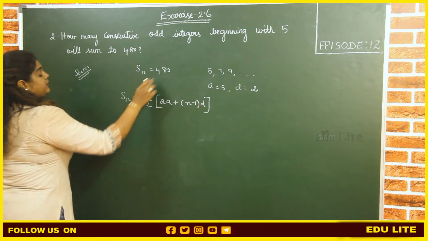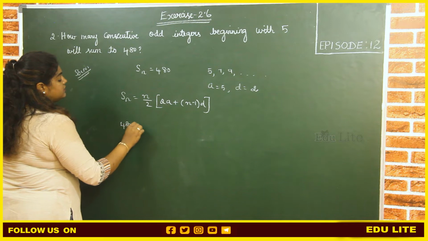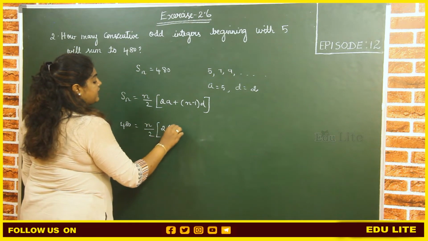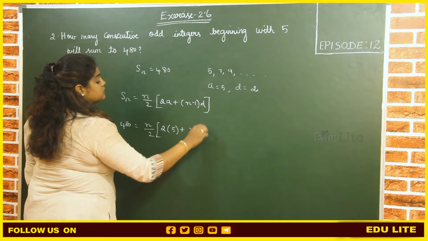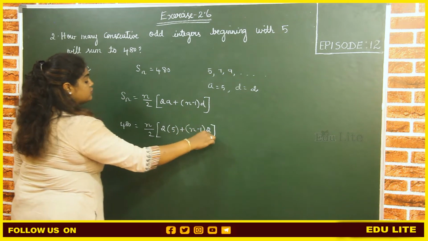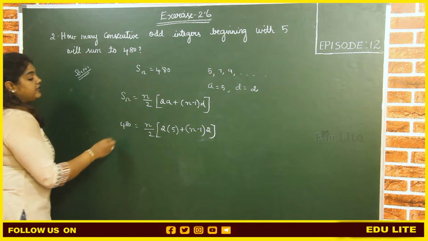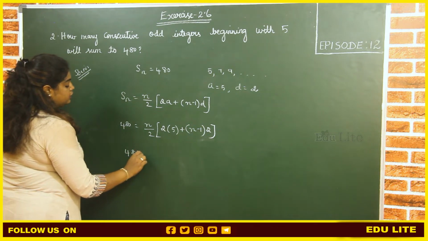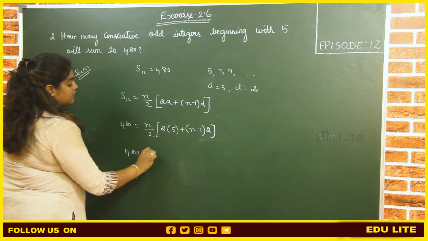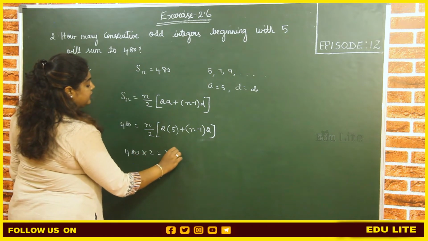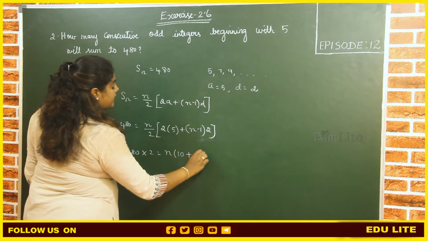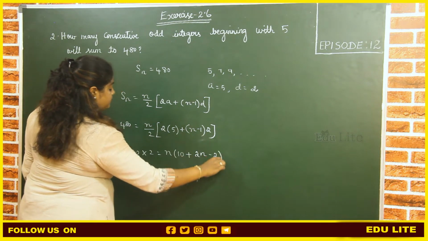So the Sn value is given as 480, which is equal to n by 2 into 2 times the a value 5 plus n minus 1 into the d value 2. Let us simplify this. 480, if it goes to the other side, becomes 480 into 2, which is equal to n into 10 plus 2n minus 2.